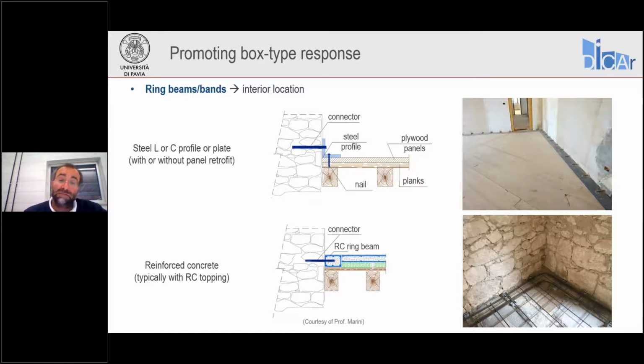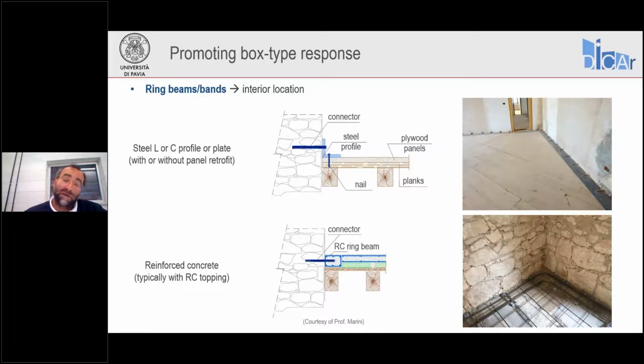And again, the ring beam, properly reinforced, will serve to resist tension forces for chord and collector action, and will also serve to basically anchor the connectors that are also embedded in the walls.